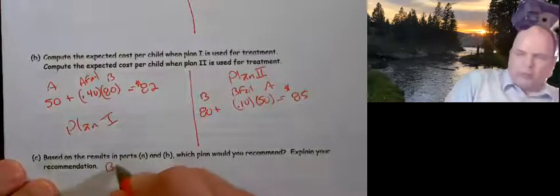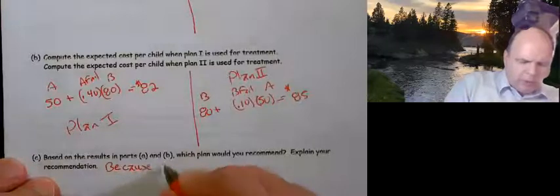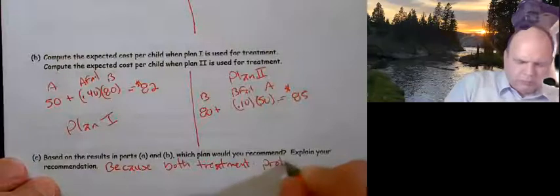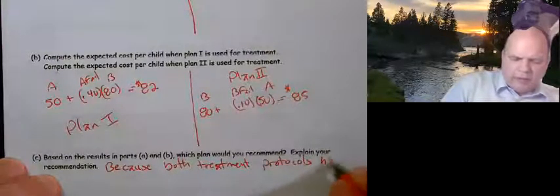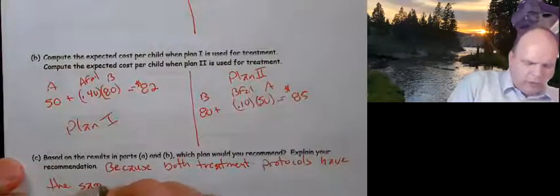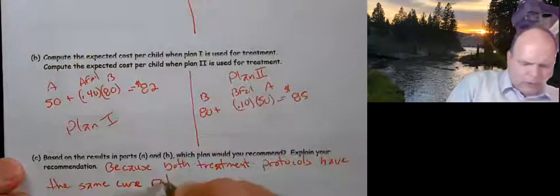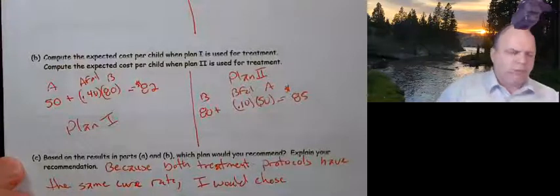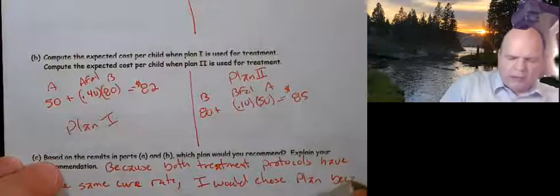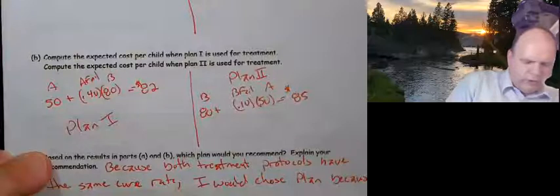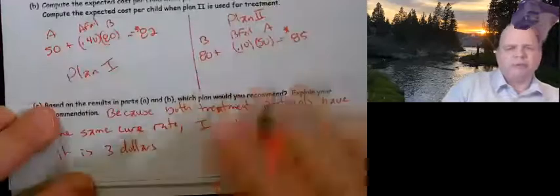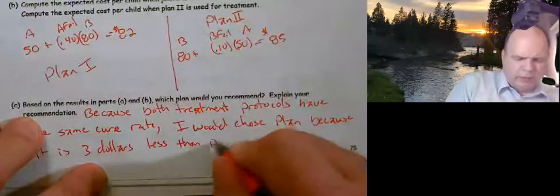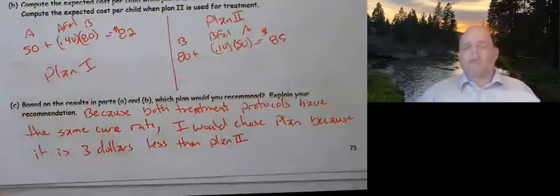Well, because both treatment protocols have the same cure rate, I would choose plan 1 because it is $3 less than plan 2. I want to minimize the costs.